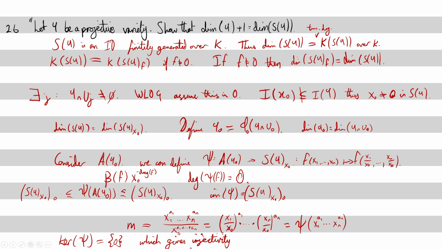And this works even for mappings of modules, because the category of modules over any ring is an abelian category.